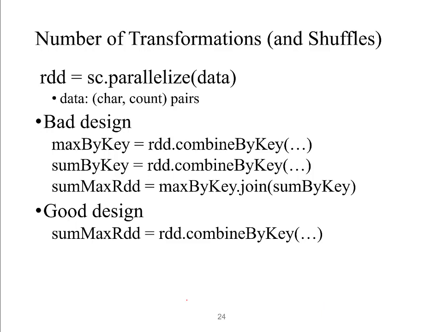Now let's look at a couple of examples here. This example shows how we reduce the number of transformations as well as shuffles. Right.